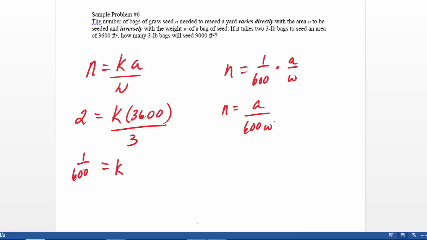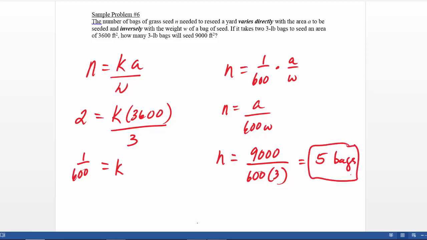We want to know how many bags, so we're looking for N. The A is the area that we need to cover, 9,000 square feet, and again, we're still just using 3-pound bags. That gives us 5 bags needed for the 9,000 square feet of yard.